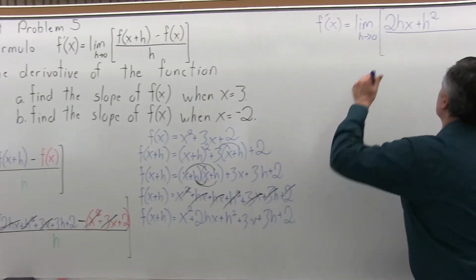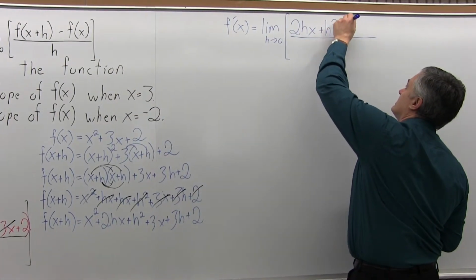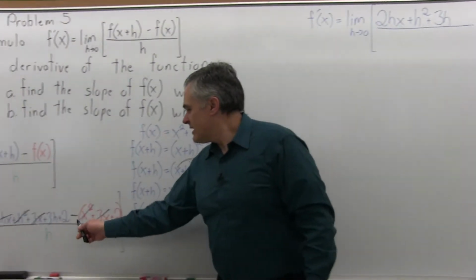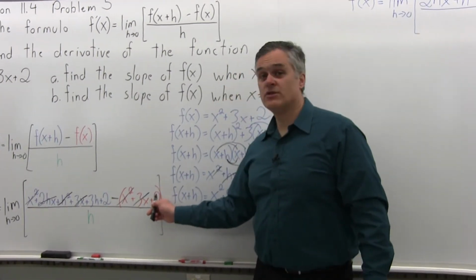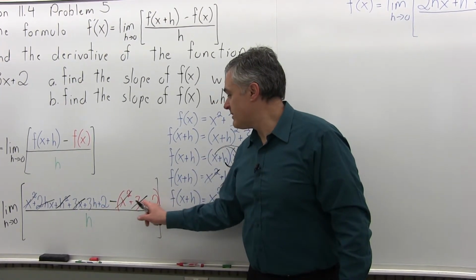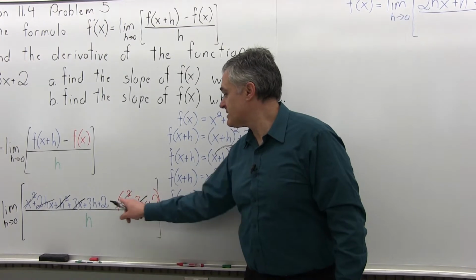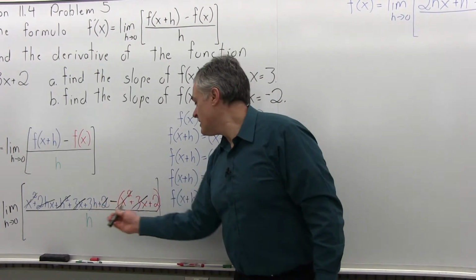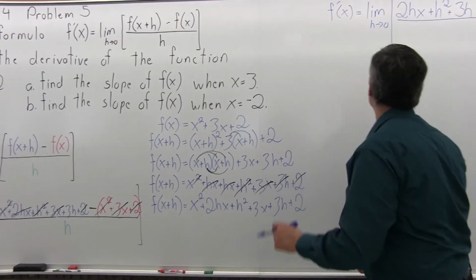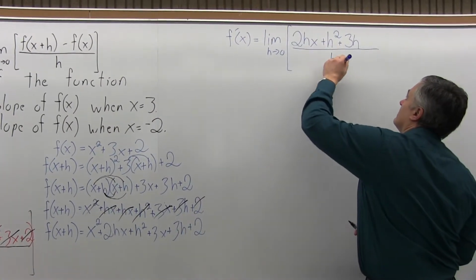So 3h, it's positive. And now at the end, 2. Here's another 2. Again, the first 2 is positive. The second 2 in red, because of the negative in front of the parentheses, is negative. So positive 2, negative 2. So I've done all of the numerator, and there's an h in the denominator.